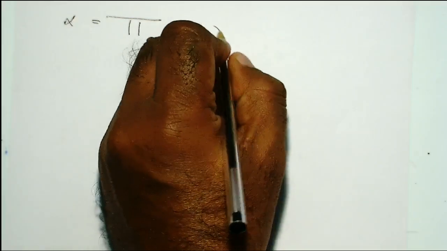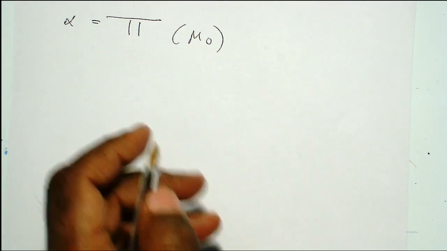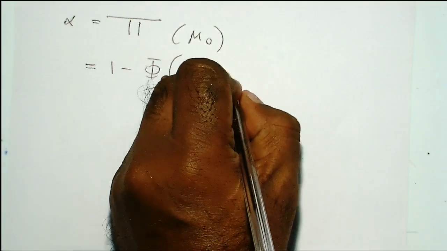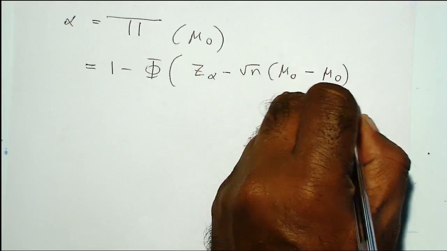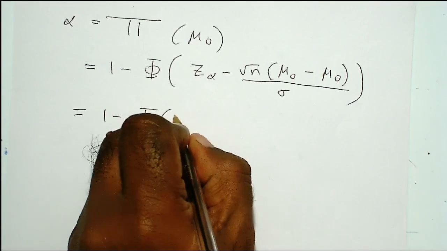Alpha, remember, is the probability of rejecting H0 when H0 is true, which is pi at mu 0. Alpha is the power function at mu equal to mu 0. So it will be 1 minus phi of Z alpha.